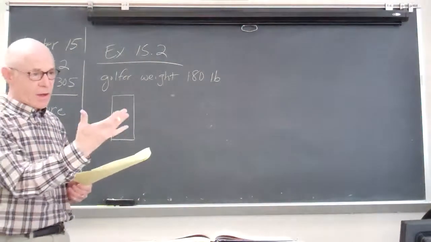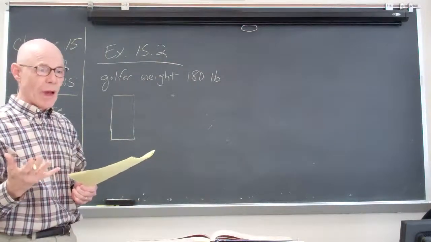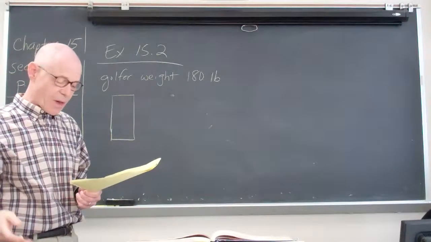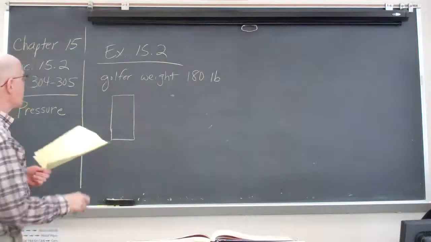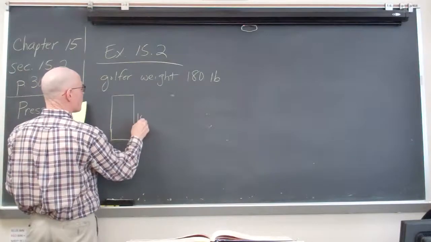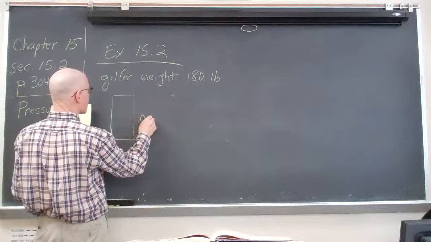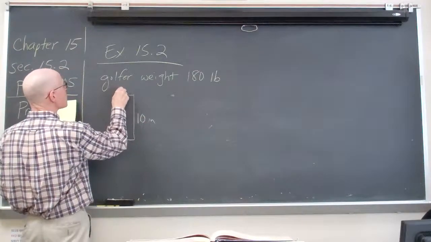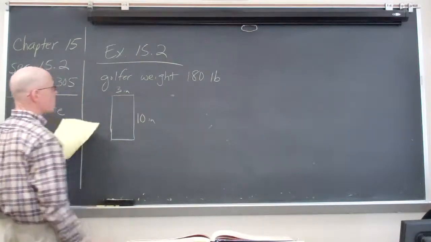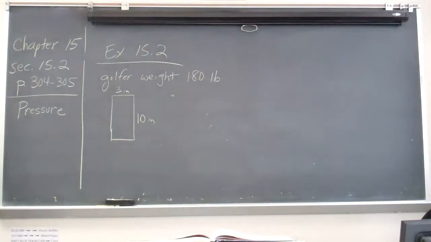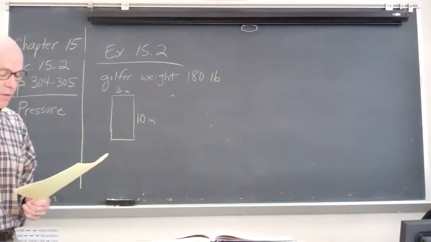We're looking at the area on the bottom of the shoe, and we'll make an assumption. It'll be close enough. Let's say the golfer's not wearing a rectangular shoe, but it makes it easier to calculate. So 10 inches by 3 inches is a pretty good approximation for the dimensions on the bottom of a shoe.